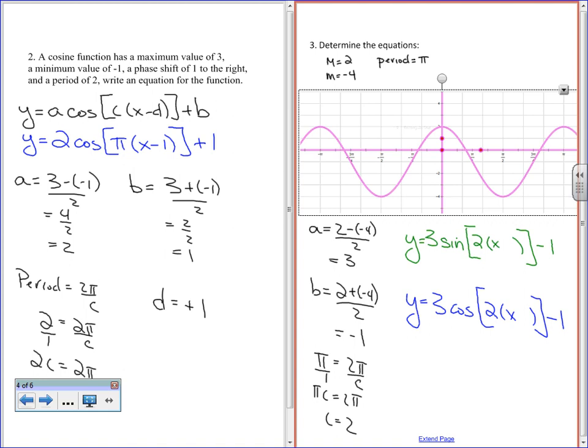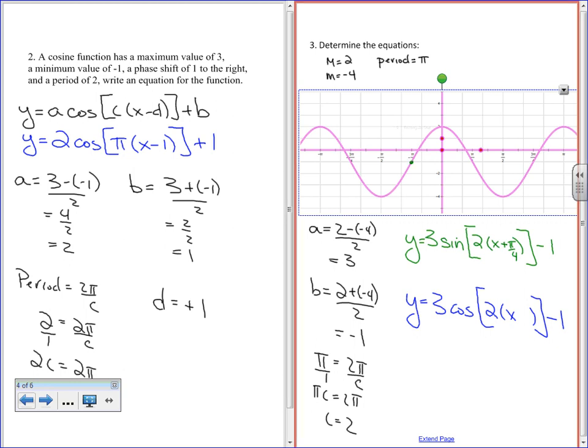What I need to do is figure out how far this point has moved away from the y-axis. You can't see that, but that's -pi/4. If it's -pi/4 inside of the bracket, it'll be positive. So I'll just draw that in.